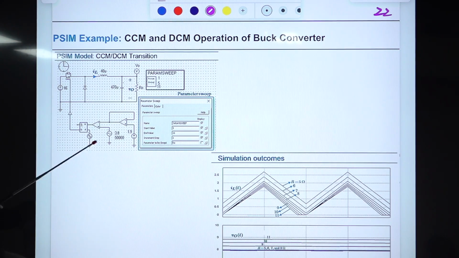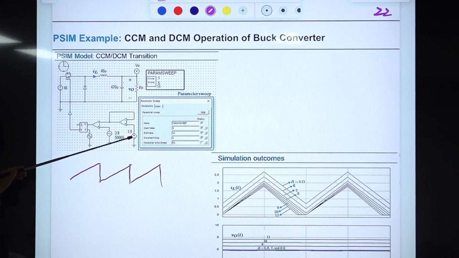Okay, and this is the PWM part. The ramp height is 3.8, so the ramp waveform looks like this. And this is some fixed voltage through a unity gain buffer. The peak value is this one, and the magnitude of this is 1.9.